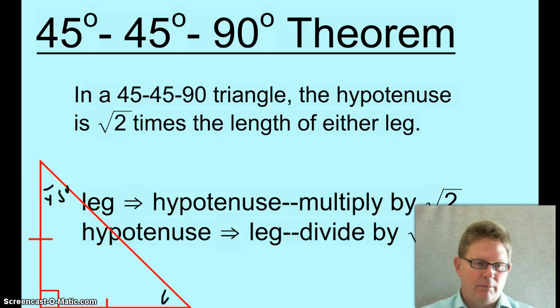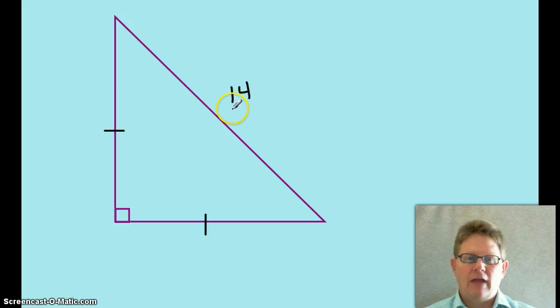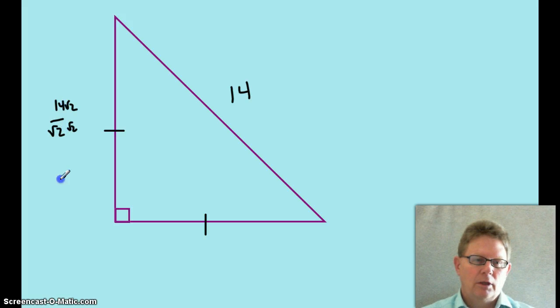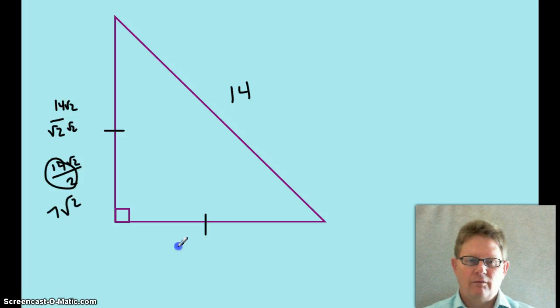It said divide by root 2, right? So to go from the hypotenuse to the leg, take that 14 and divide by root 2. Well, multiply top and bottom by root 2, and you get 14 root 2 over 2, and then you can reduce that. Both of those legs are going to be 7 root 2. Okay, not too bad.